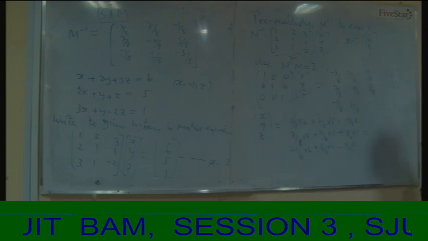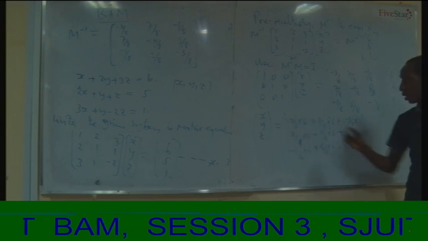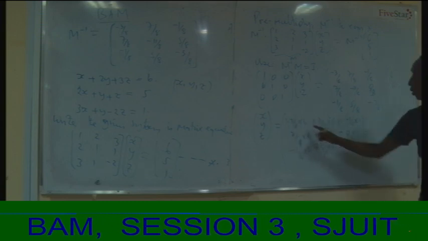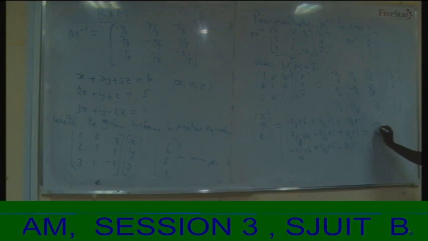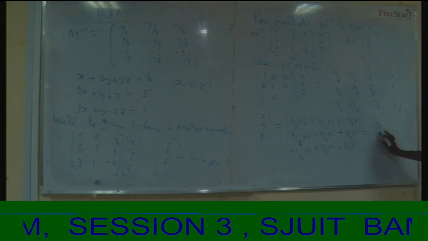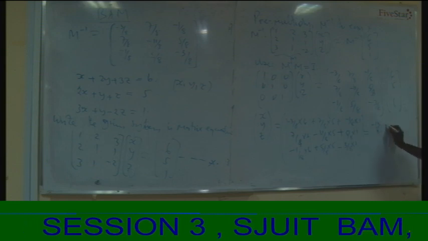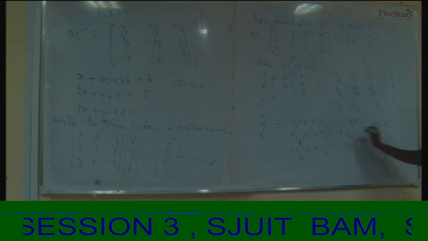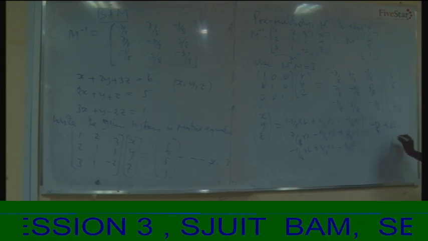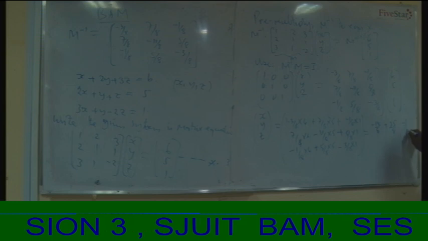Just normal multiplication now. We have negative 3 over 8 times 6. 3 times 6 is 18, so this will be negative 18 over 8, plus 7 times 5 is 35, so 35 over 8, minus 1 over 8.